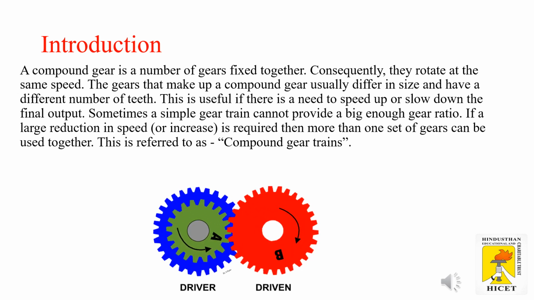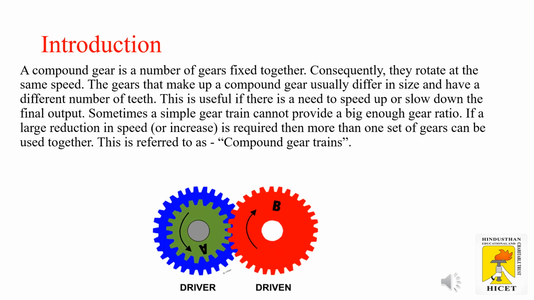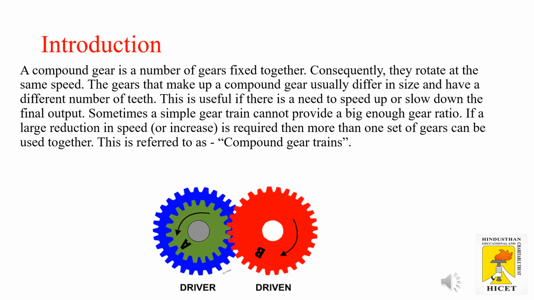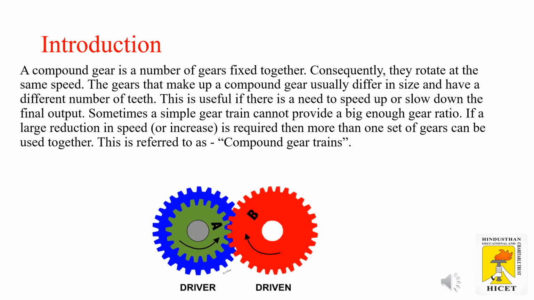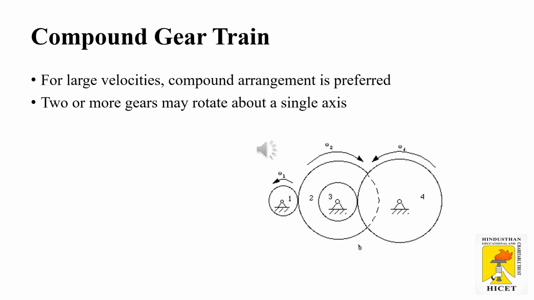Sometimes a simple gear train cannot provide a big enough gear ratio. If a large reduction in speed or increase is required, then more than one set of gears can be used together. This is referred to as compound gear trains. With this compound gear train, we can achieve large velocity ratios.